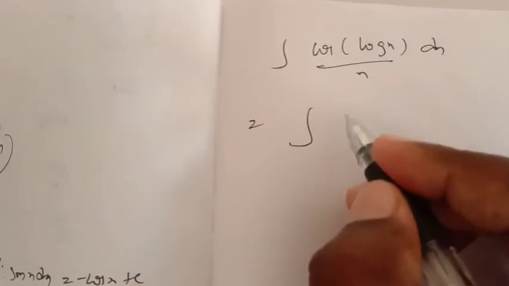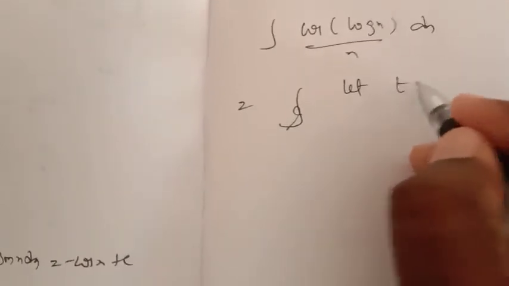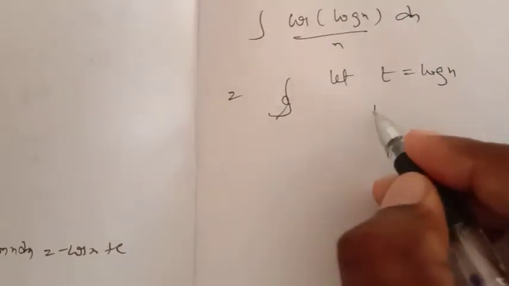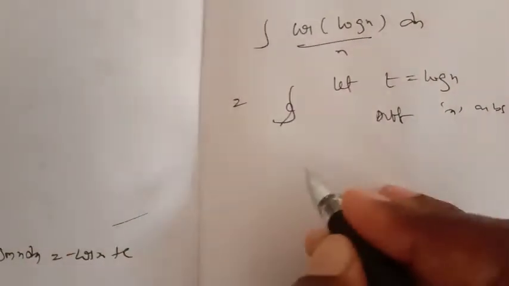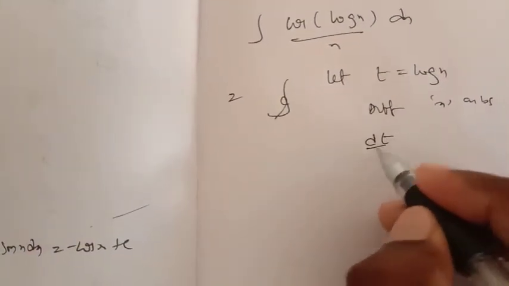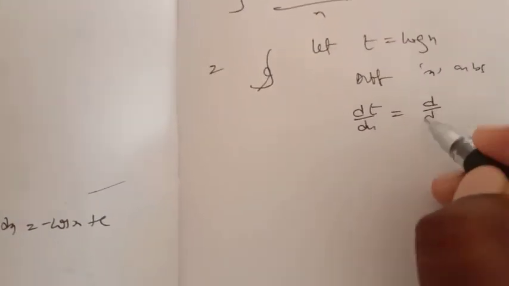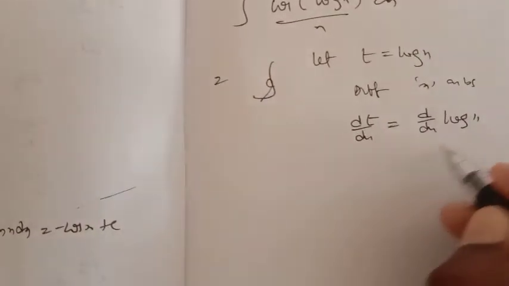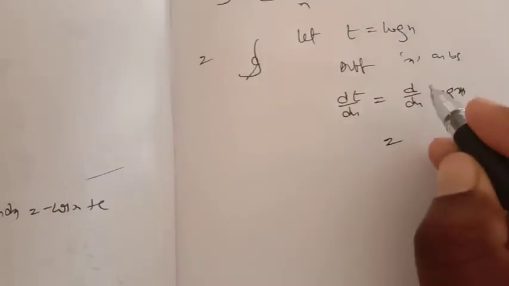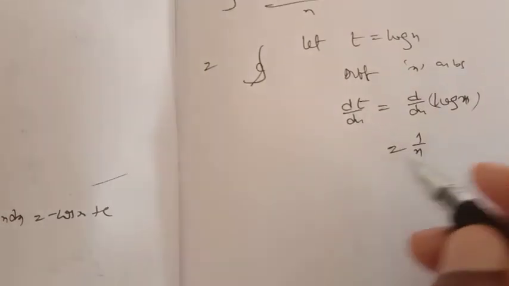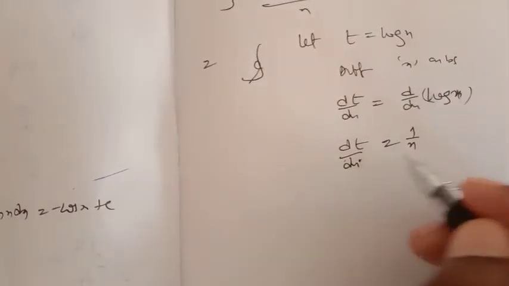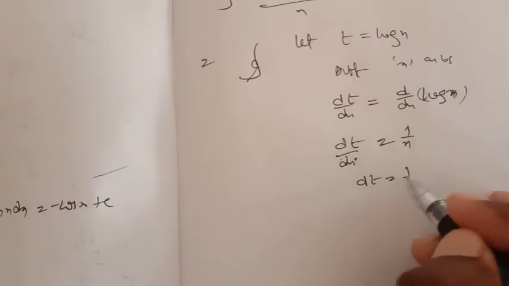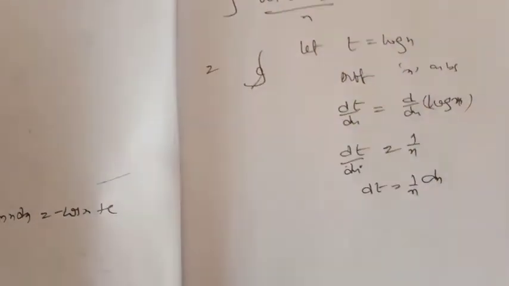Let t equal to log x, then differentiating with respect to x on both sides, we have dt by dx equal to d by dx of log x. We have the formula, d by dx of log x equal to 1 by x, that is dt by dx equal to 1 by x, then dt equal to 1 by x dx.